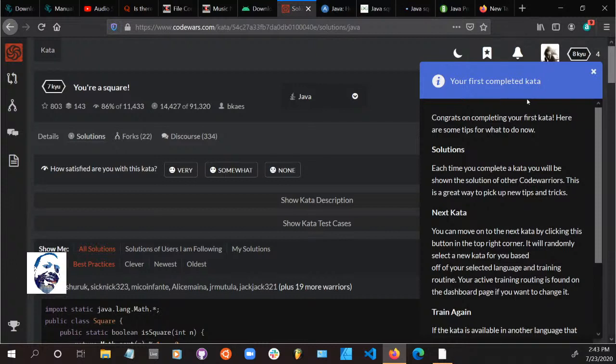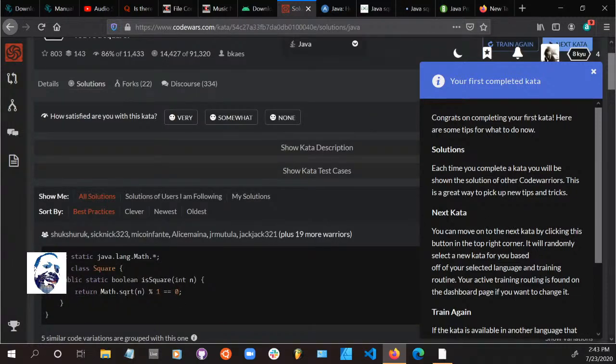Your first completed kata. Congrats on completing your first kata. Here are some tips for what to do now. Solutions. Each time you complete a kata, you will be shown the solution of other code warriors. This is a great way to pick up new tips and tricks. Next kata. You can move on to the next kata by clicking this button in the top right corner. It will randomly select a new kata for you based off of your selected language and training routine.